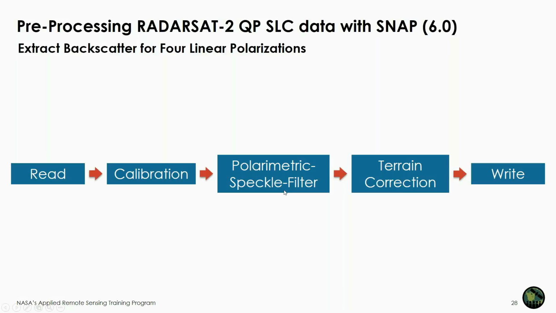The second step, as Heather talked about, is to apply a speckle filter to remove SAR speckle from the image. And the last part is to apply terrain correction to perform geometric rectification. And I will walk through all these steps with SNAP.